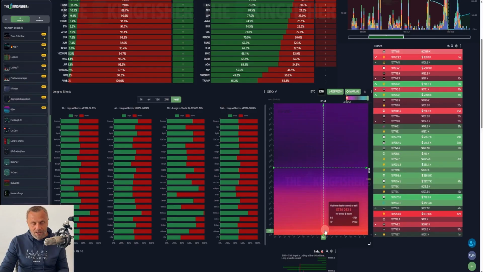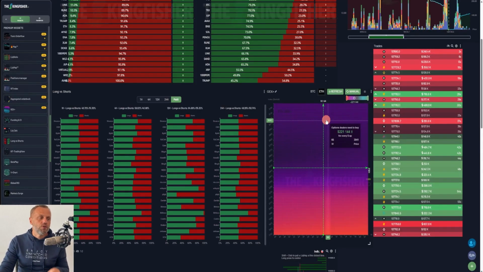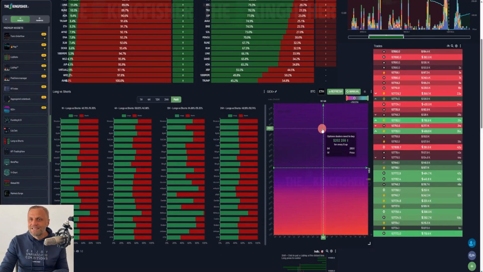By selling, if the red zone were above, then we would say that as the price rises, the dealers would support the price movement by buying. If we saw a green zone here, then it would indicate to us that as the price moves up, the dealers would not participate in this movement, but on the contrary, would be selling. In other words, they would be smoothing out this impulse.